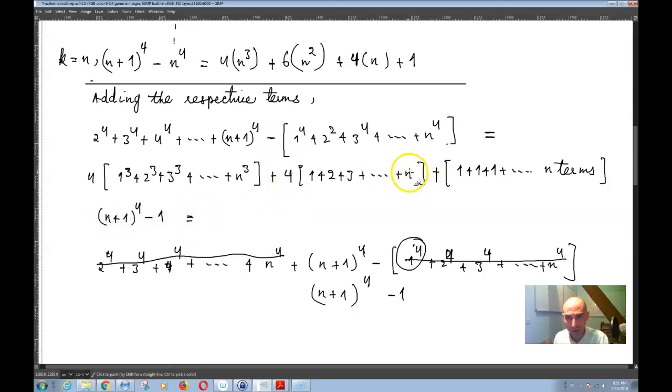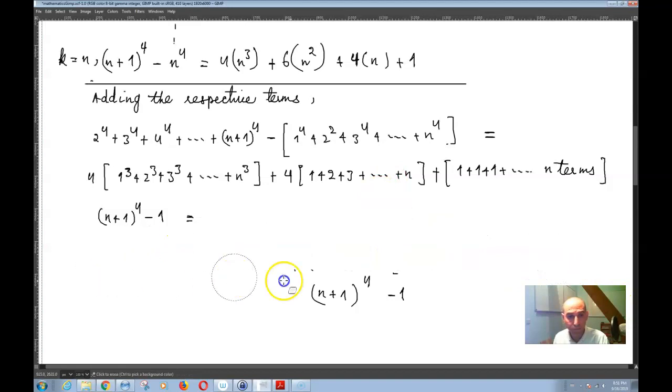And then the other side of the equation becomes basically 1 cube plus 2 cube plus 3 cube plus all the way up to n cube, which I can write as 4 times sigma k cube, as k goes from 1 to n.